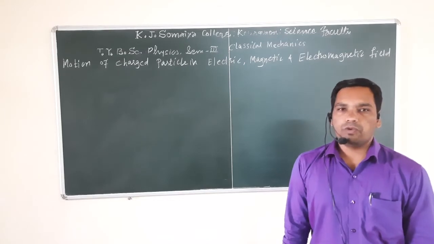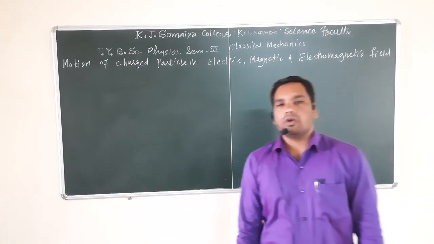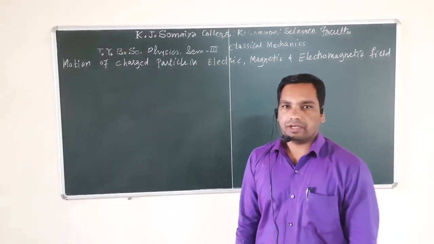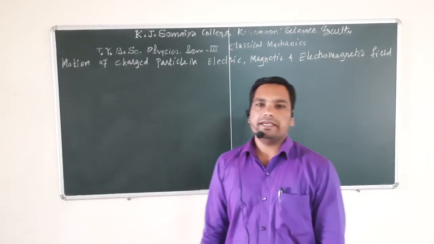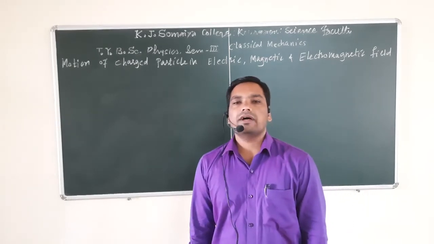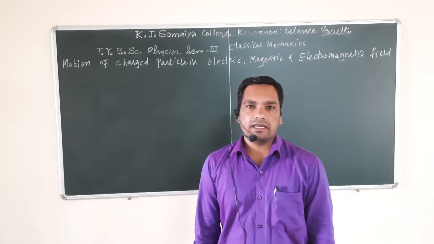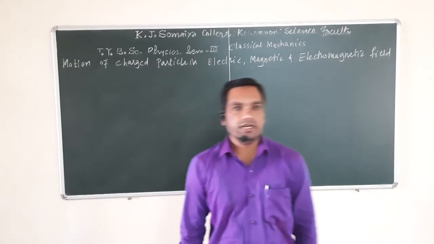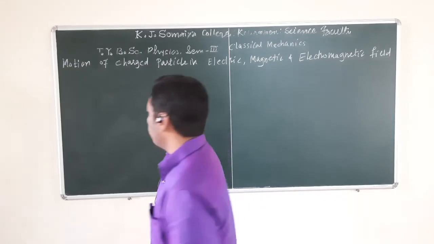Before that we must know the Lorentz force equation. The Lorentz force equation is applicable for a charged particle when that charged particle is placed in electric and magnetic fields. So what is that equation?